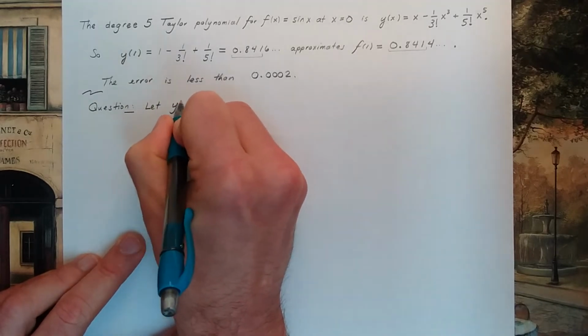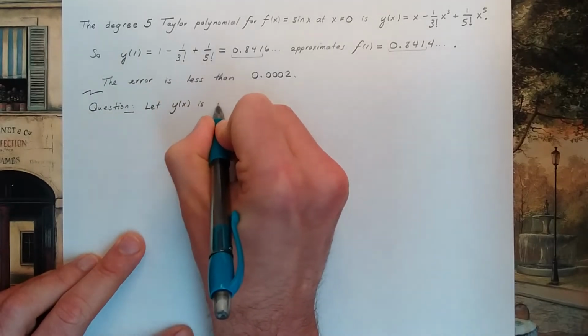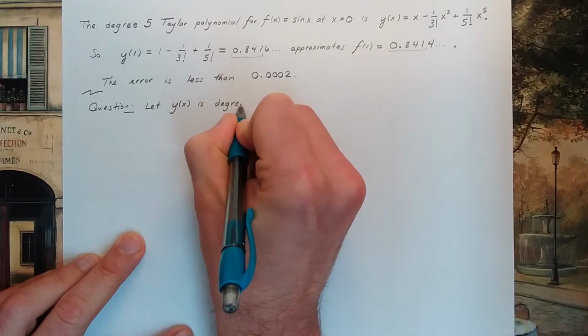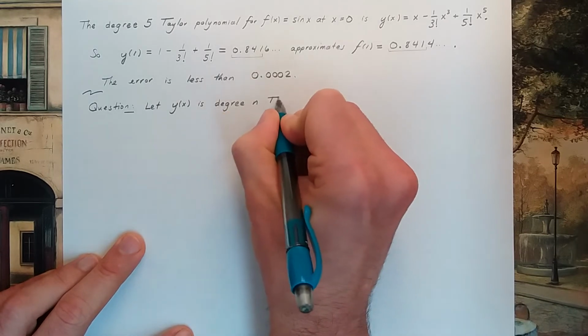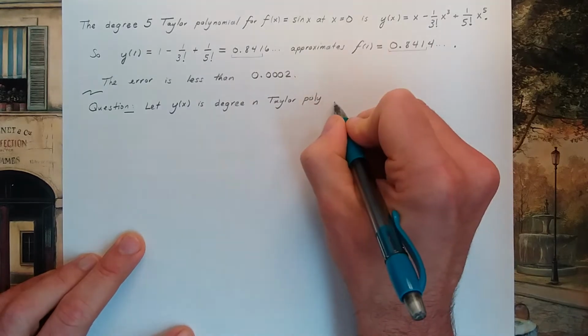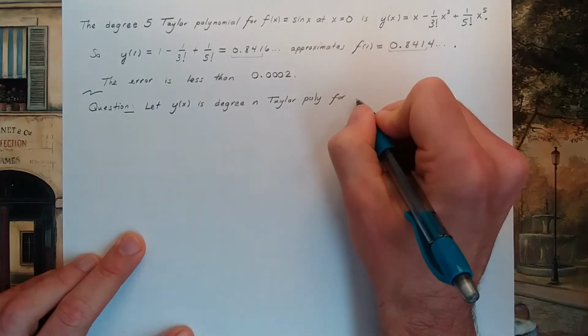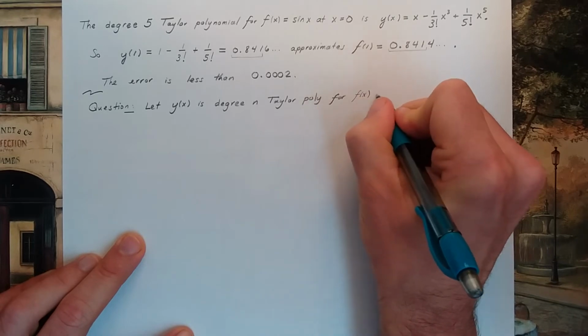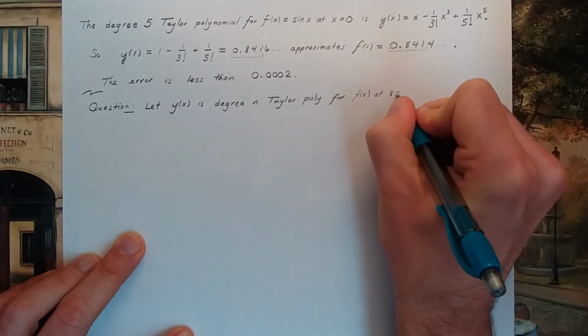Let's suppose y of x is the degree n Taylor polynomial for your function f of x at x equals a.